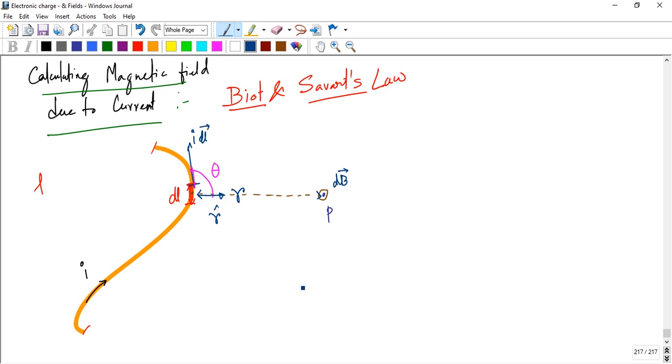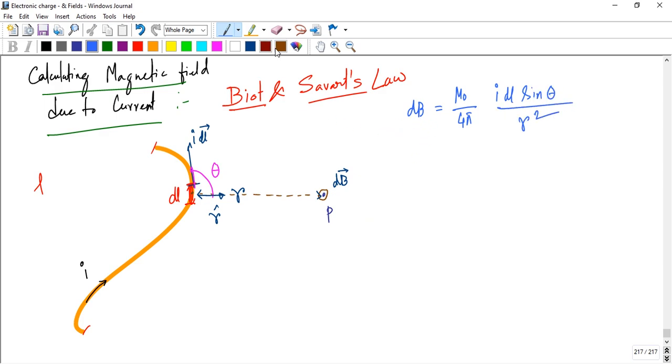Now the Biot-Savart's law states that the magnitude of the magnetic field dB is equal to mu 0 upon 4 pi times I dl sine theta by r square.